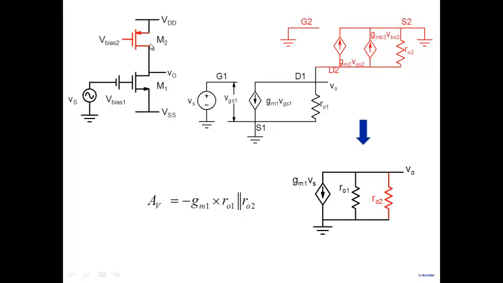If you look up, you're looking into the drain, and when you look into the drain, you see again R0 of that particular transistor. So you have R0 of M2 and R0 of M1, and both of them are in parallel, and therefore you have a large resistance here. So what you are seeing here is that you have a current source which goes through a parallel combination of net resistance at this particular node.